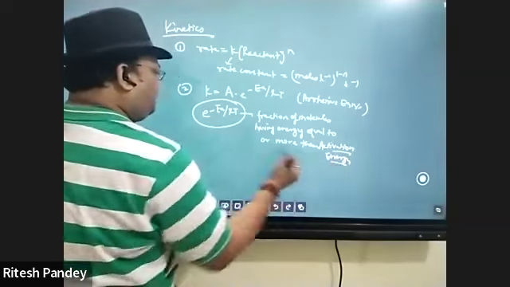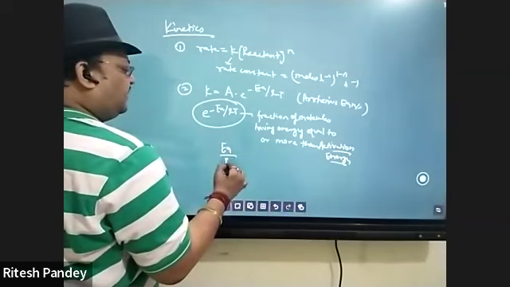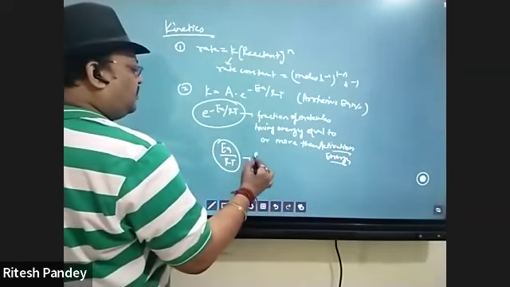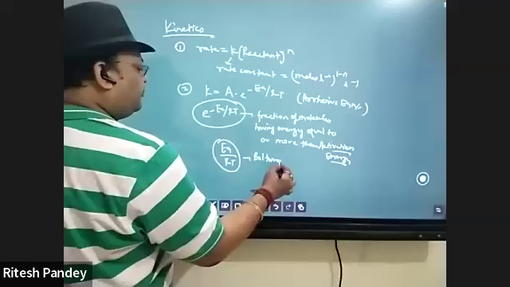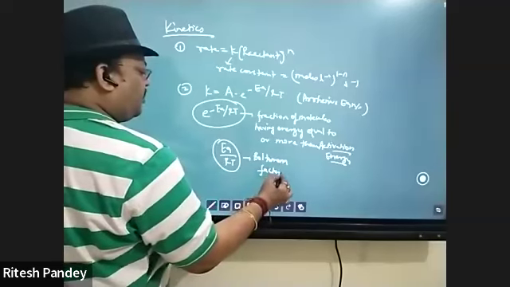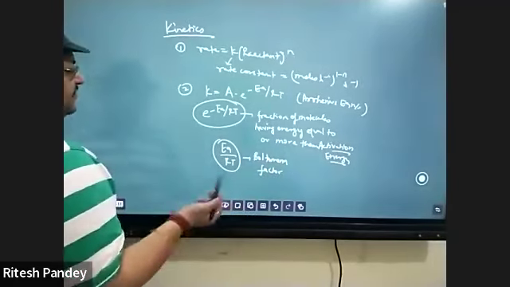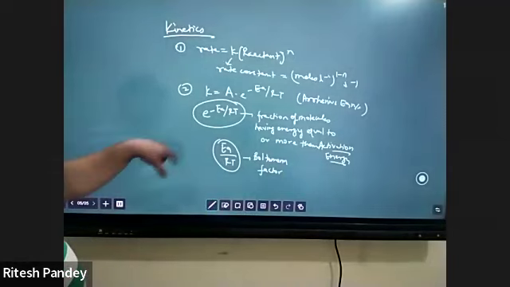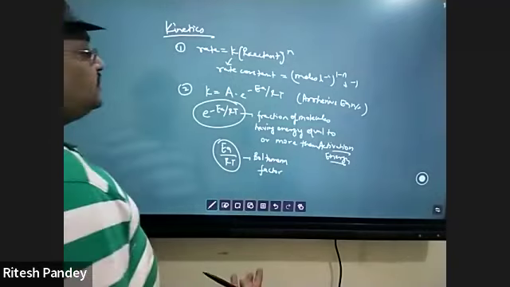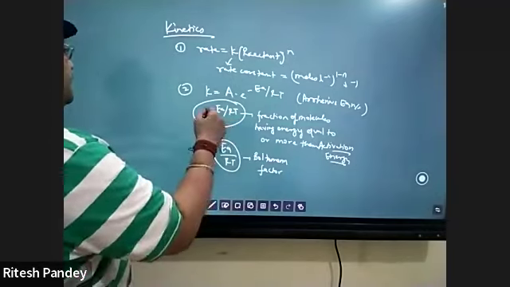You'll want to take a note of it. The ratio EA by RT is called the Boltzmann factor. There are such things I've already told you. So these are a couple of things I want you to take note of. Many times the question is to find the fraction of molecules having energy equal to or more than the activation energy. So this is going to be the ratio.